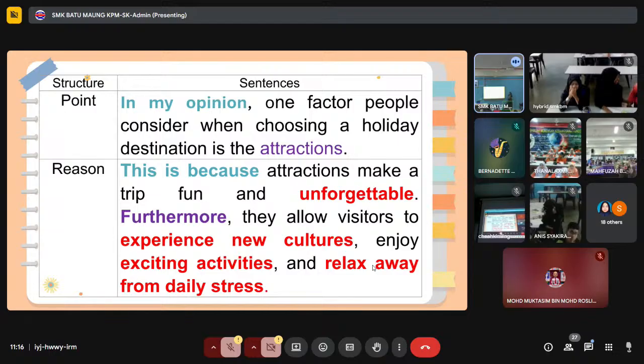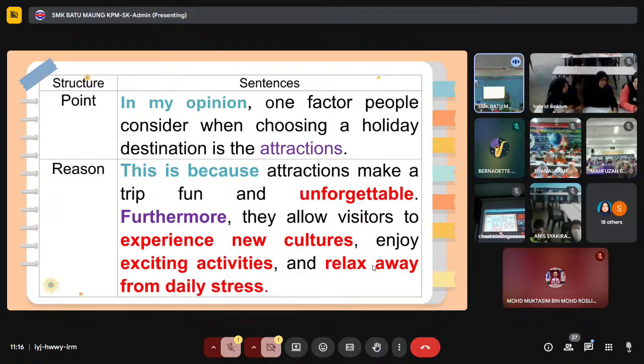What are the reasons? You make the trip fun and unforgettable, and then use a cohesive device. Add more reasons. Why is attraction a factor? Because you get to experience new culture, you get to enjoy exciting activities and you can relax.